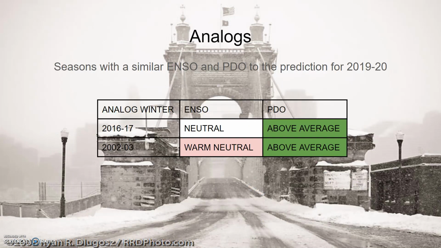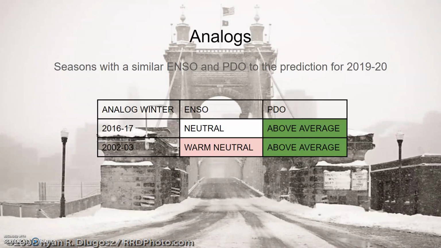Okay, so here are some analogs. Here are some years that I think happen to be similar to the pattern that we're looking at for this winter. We've got 2016-2017 and 2002-2003. Both of these generally had a warm neutral ENSO and a positive PDO.